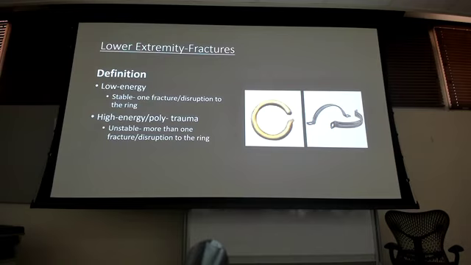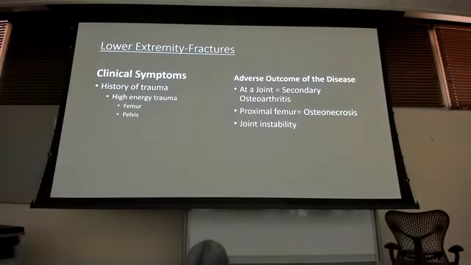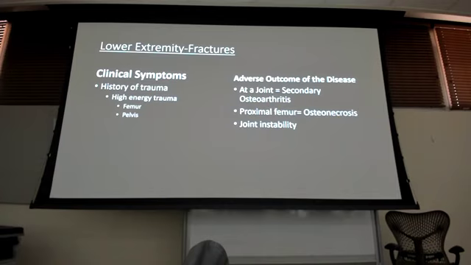It requires usually high energy though, unless it's a very elderly patient with a fracture just from falling, or osteoporotic patients. Other things to think about are the mortise, so the ankle joint is an important one, and any disruption in that little mortise, that part of the ring or a half ring on there, we worry about the stability, so we'll talk about the different fractures and which ones we worry about.